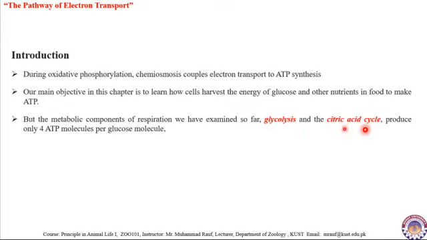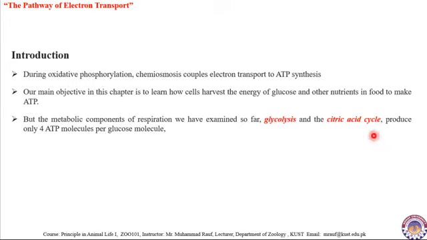So in these steps, only 4 ATP molecules are produced from glucose. Remember, 2 net ATPs in glycolysis, and then 1 ATP for each pyruvate molecule that enters into the Krebs cycle.